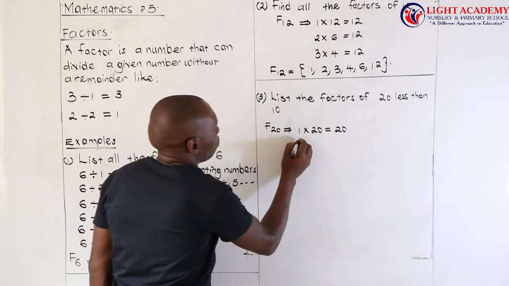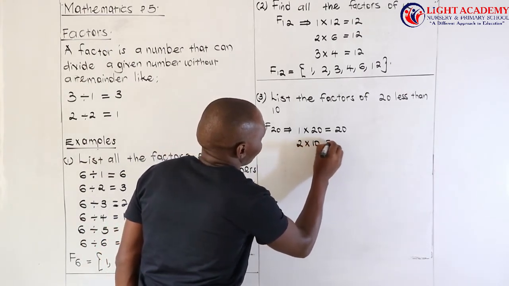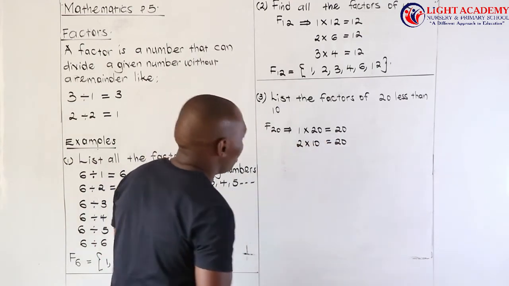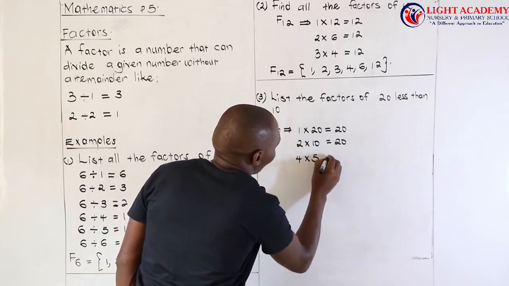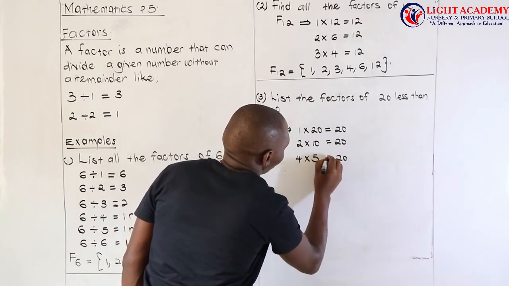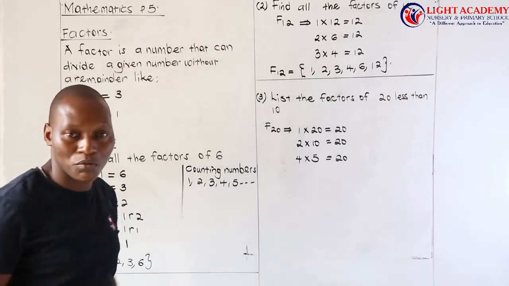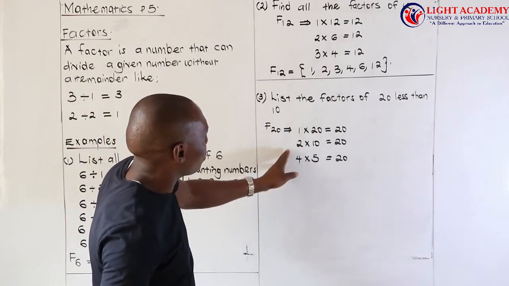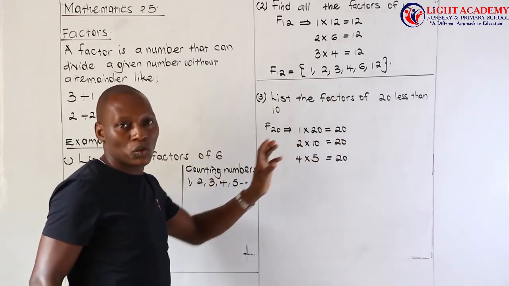The next one shall be 2 multiplied by 10. The answer still I get is 20. The third one shall be 4 multiplied by 5. The answer I get is 20. So according to the multiplication tables we saw in P4, these are the only 3 pairs such that when you multiply them, their answer is 20.